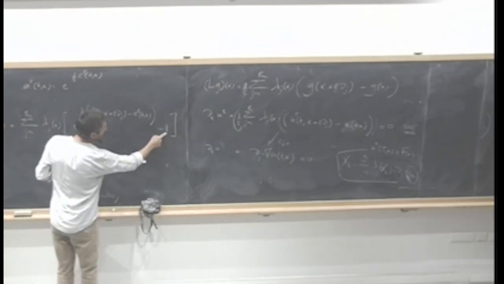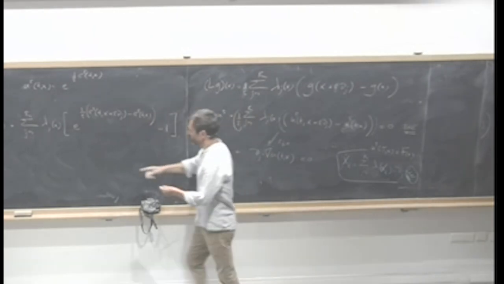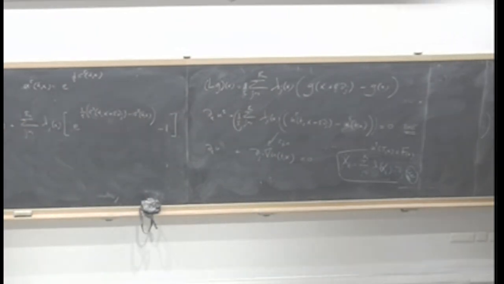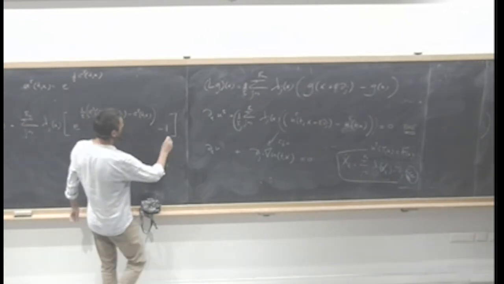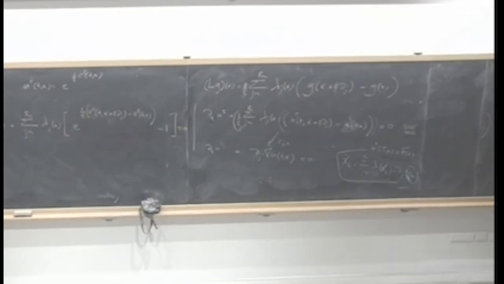And then, what is this one? Well, it's just that, if you put this one back in. Yes? So now this is equal to 0. Right? Okay, what's the limit of this equation?